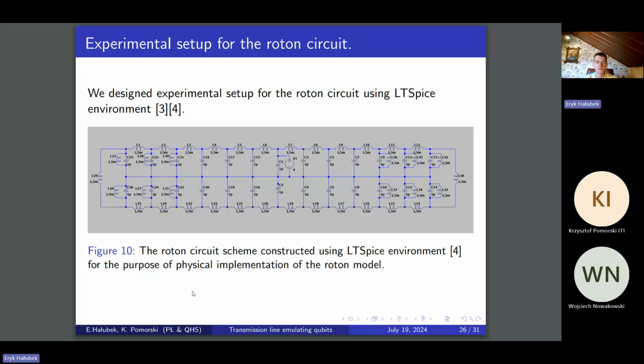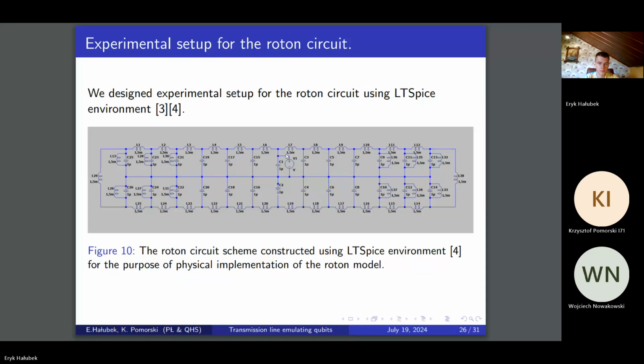So this roton circuit was also constructed by us, and we measured the voltage values, again peak-to-peak values in each node.